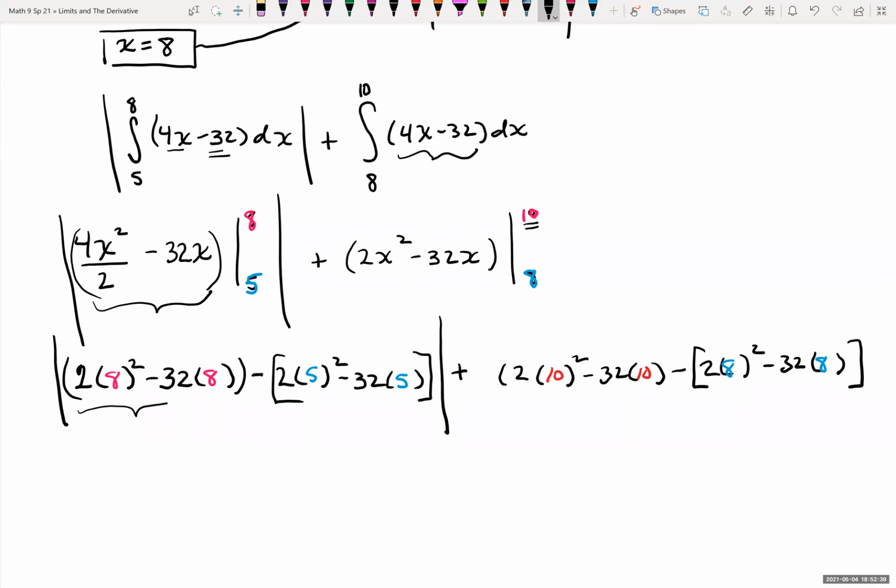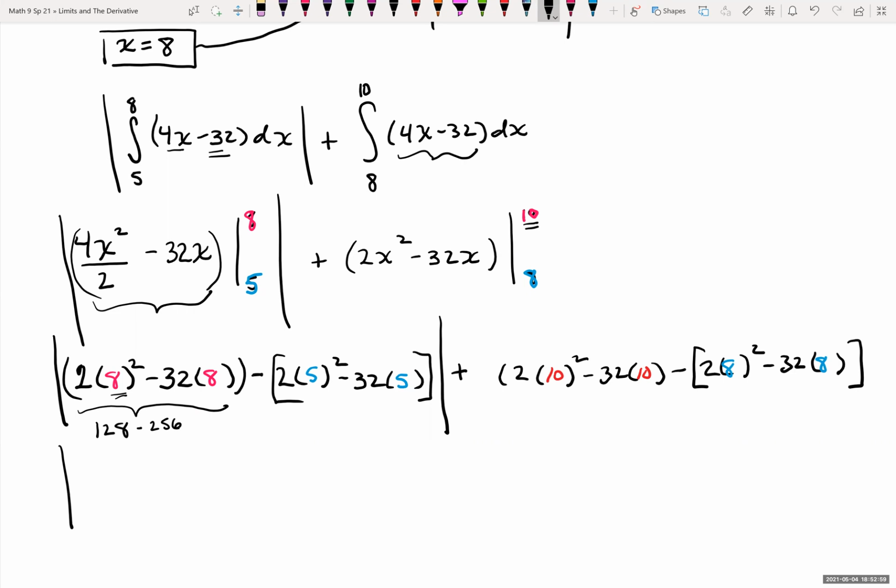So working inside this first parentheses, 8 squared is 64, times 2 is 128, minus 32 times 8, which is 256.